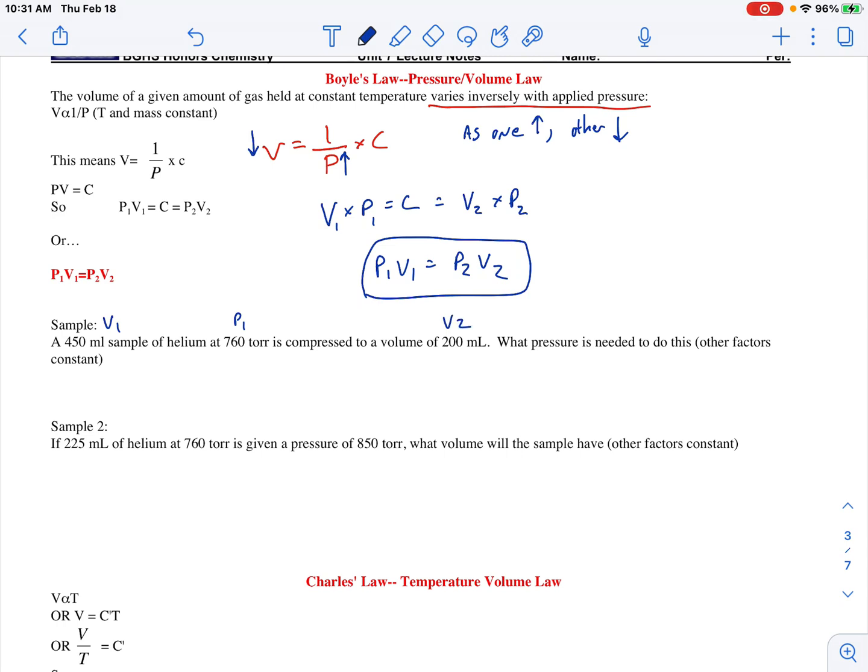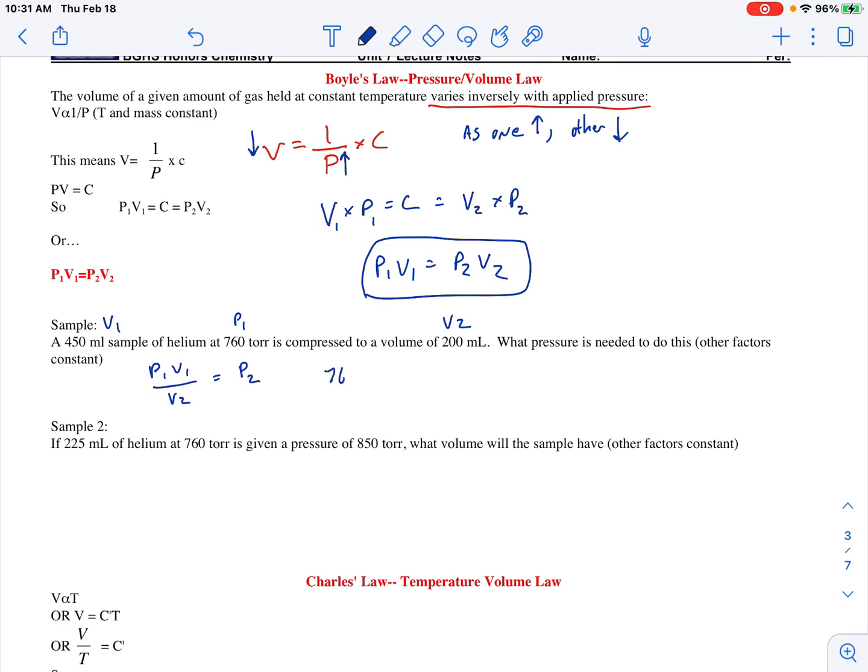What pressure is needed to do this? Well, notice that I don't have my second pressure, and they're asking for pressure, so we're solving for P2. So if I rearrange that equation, I can divide both sides by V2, and that allows me to isolate P2 because that's what I'm trying to solve. So I just go ahead and plug in the values that I was given.